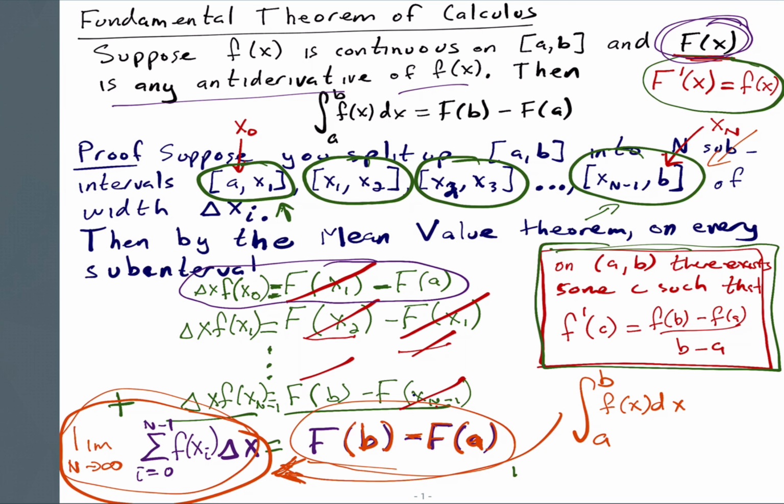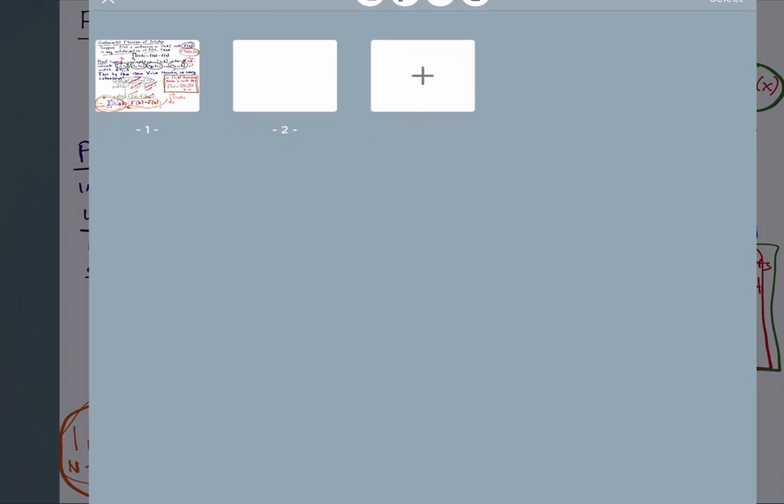Yeah, I mean, it's just a matter of, well, probably didn't help that I wrote it down wrong to start with. But if you just think about it, if you get rid of all the other stuff, what do you know? I know capital F prime of x equals little f of x, right?